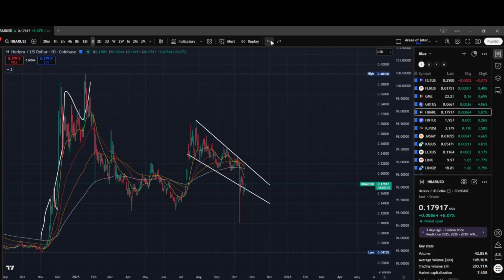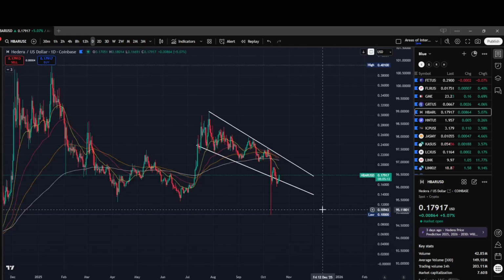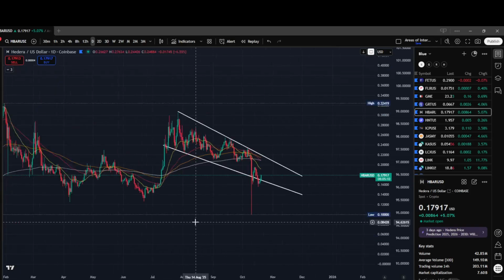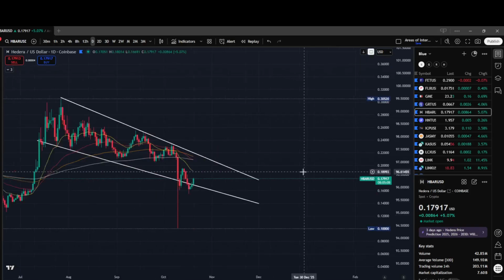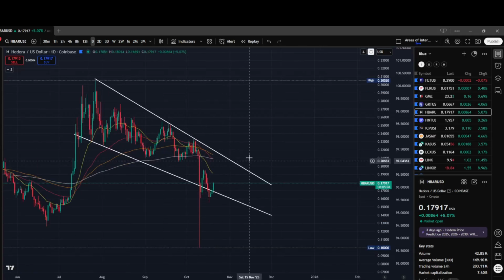Of the cryptos, HBAR looks beautiful, XLM looks beautiful, XRP beautiful. I just drew this out a minute ago, and this thing looks exquisite.